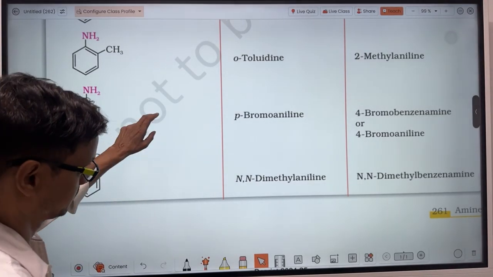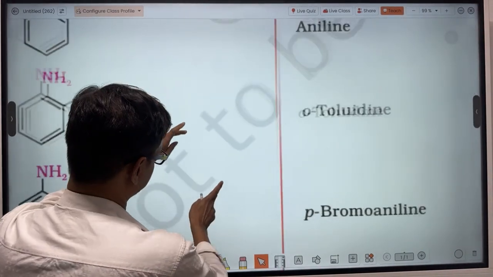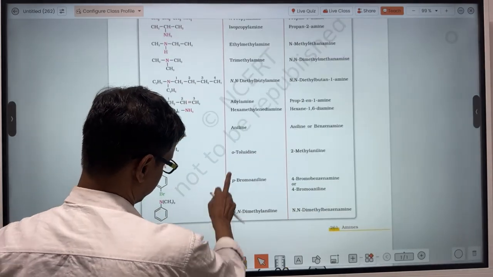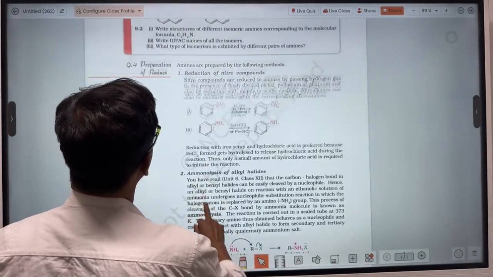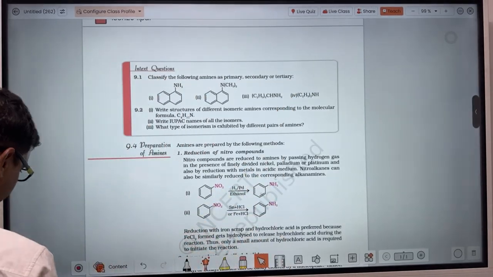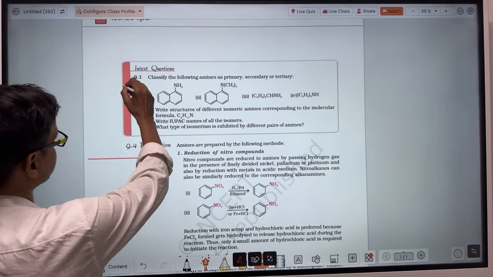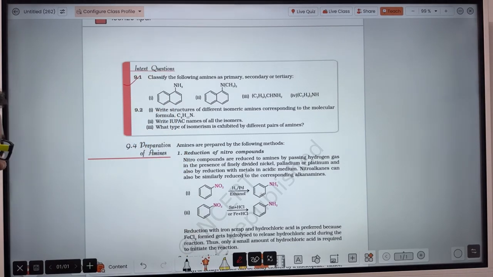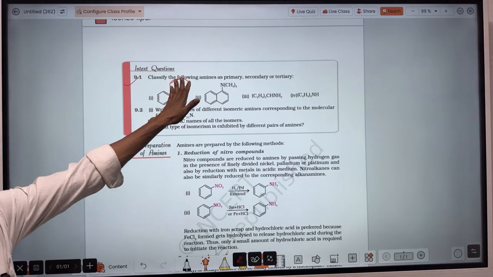That's done. Now let's see about this compound. Classify the following as primary, secondary, or tertiary. So in this compound, only one alkyl group is bonded.